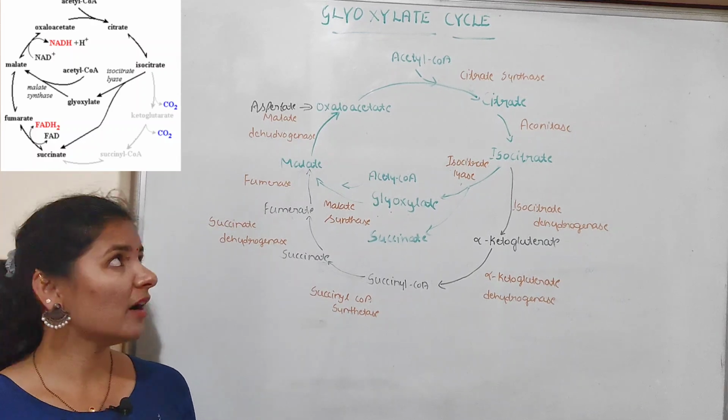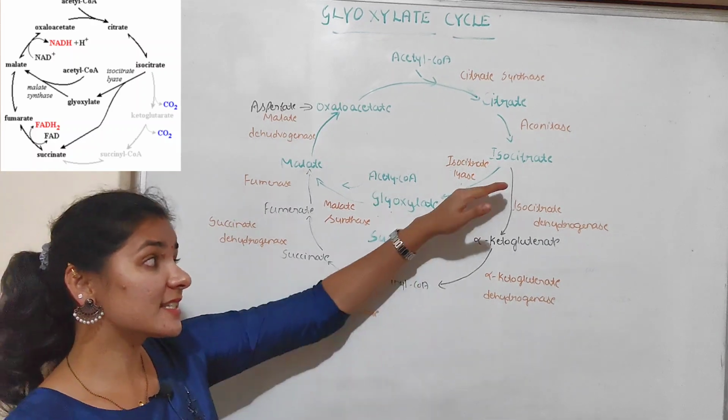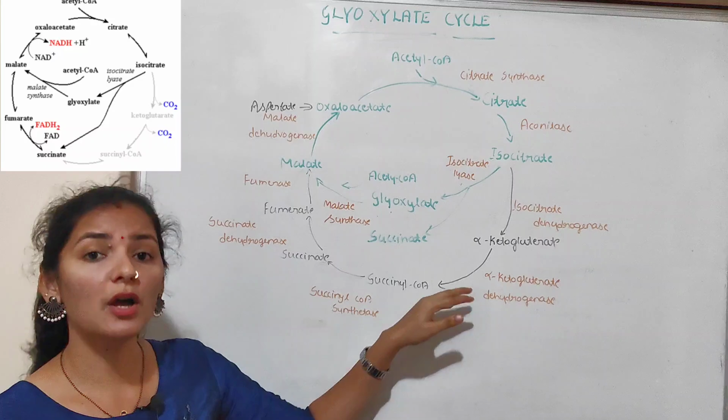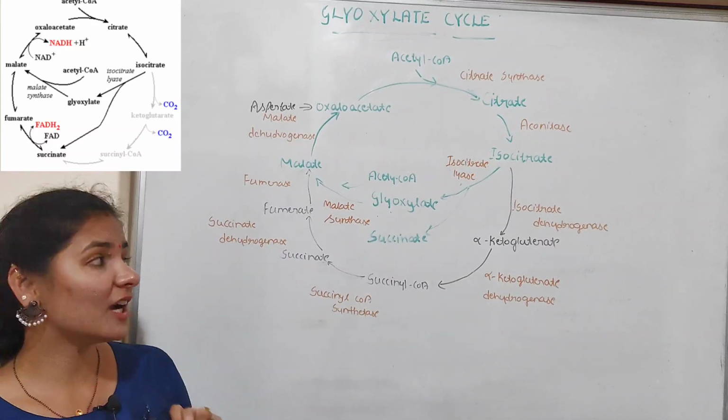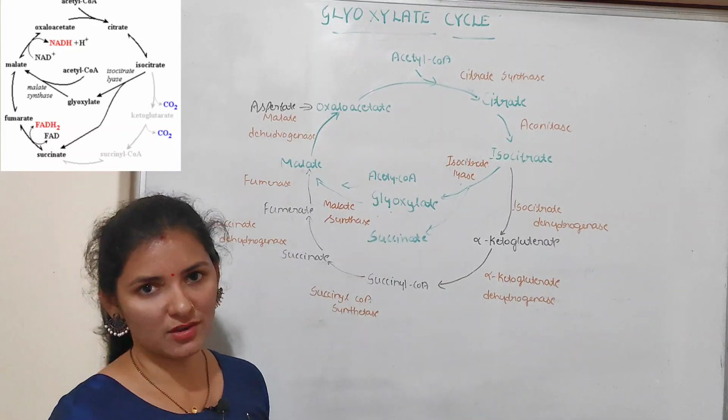So a very important part of the glyoxylate cycle is that it skips the decarboxylation steps to save two carbons, and those carbons are saved in the form of glyoxylate.